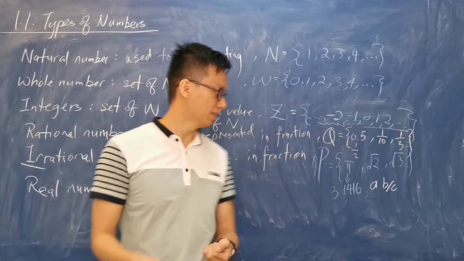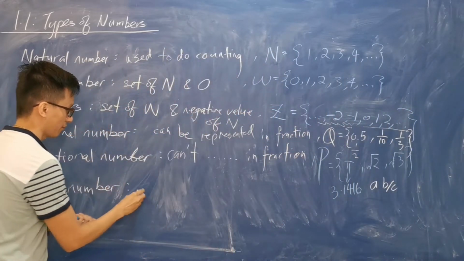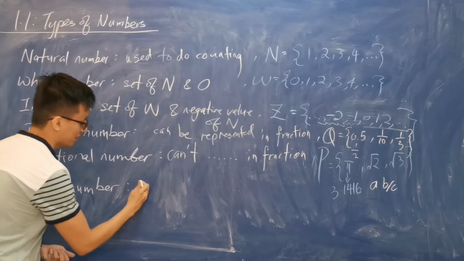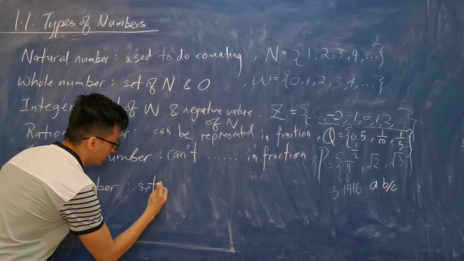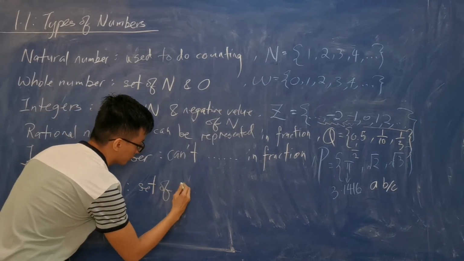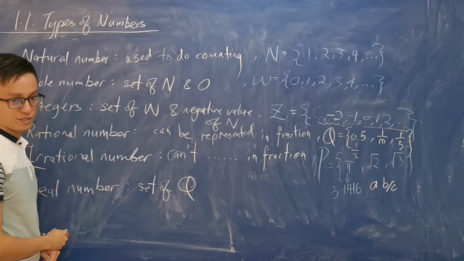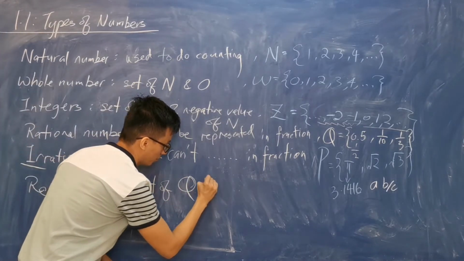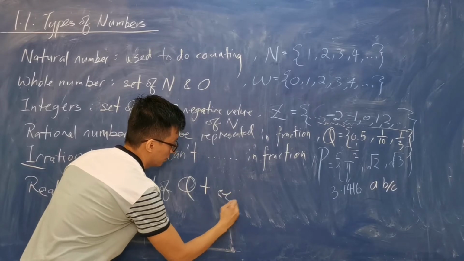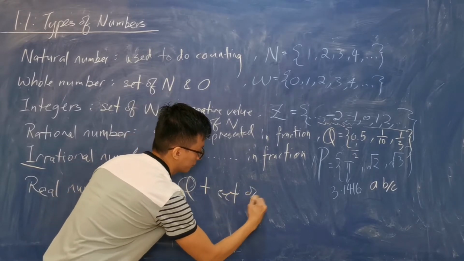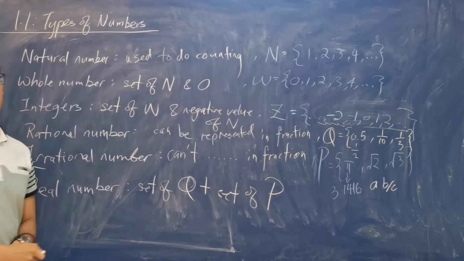The last one, real number. The real number is actually the set of rational number plus the set of irrational number.